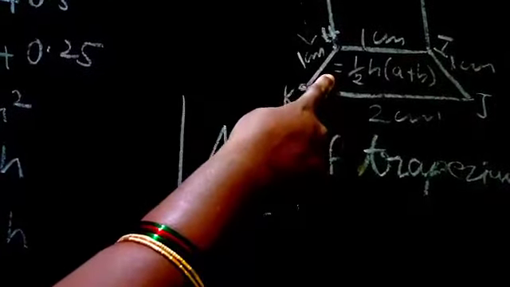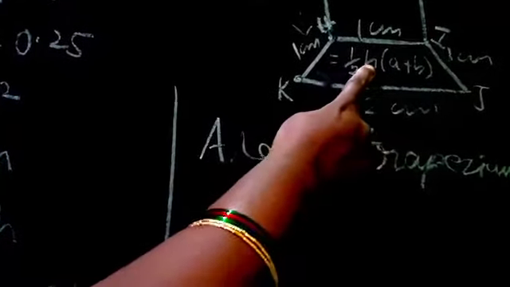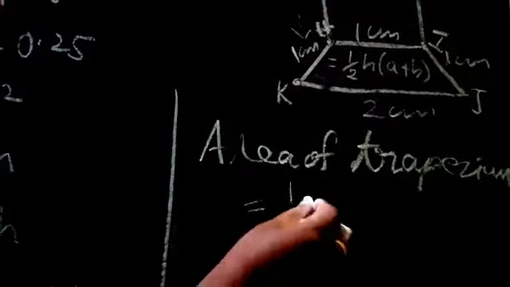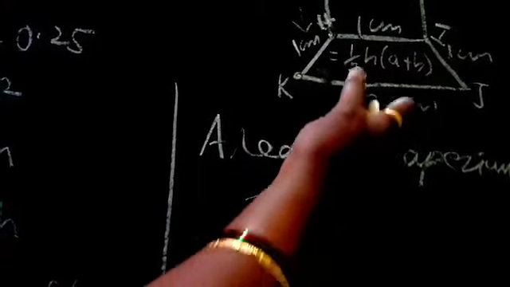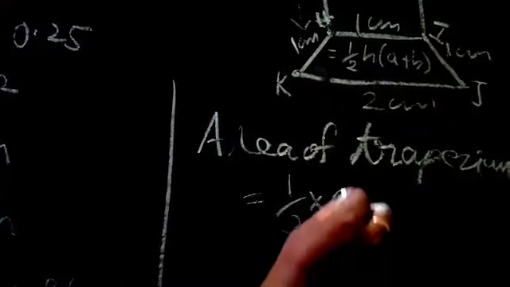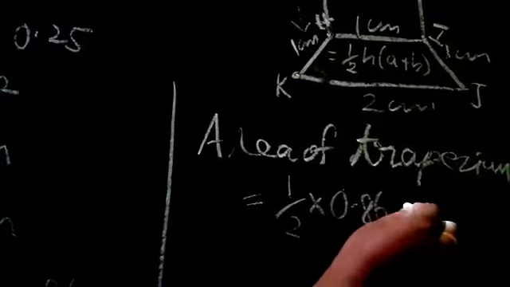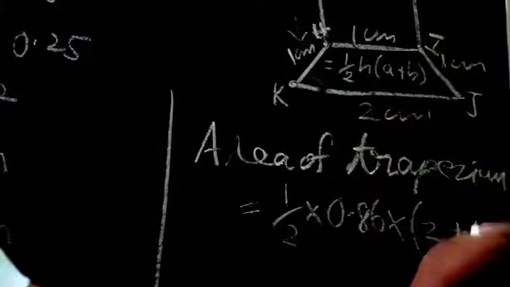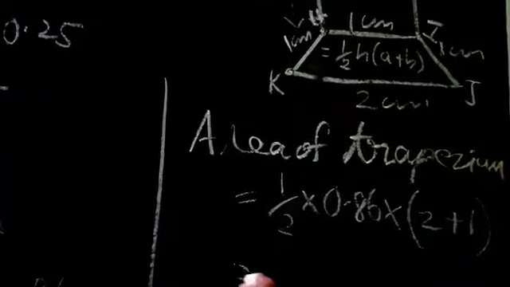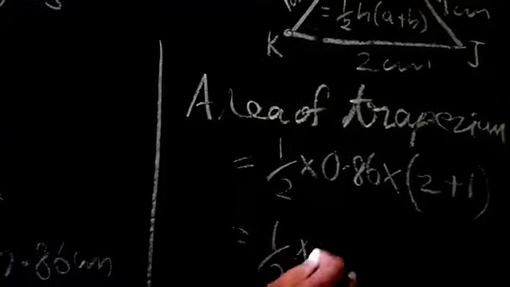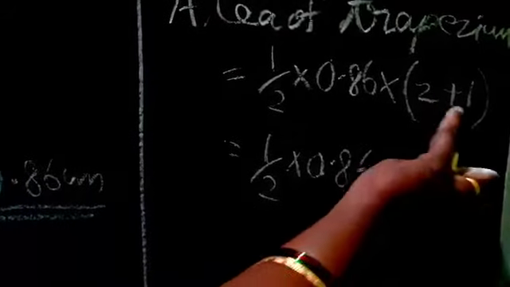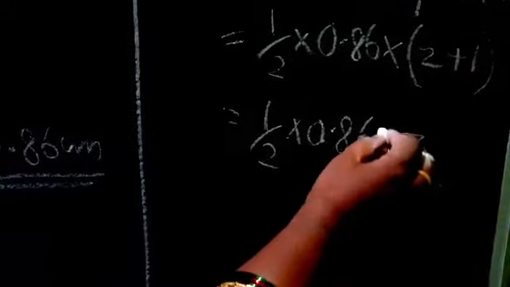Using this H value, we will find here the area of the trapezium. Area of this trapezium is half into H into A plus B. A is this side, B is one more side. So half into the H value we found now, 0.86, into A is 2 plus B is 1. So we have 1 by 2 into 0.86 into 2 plus 1 is 3.